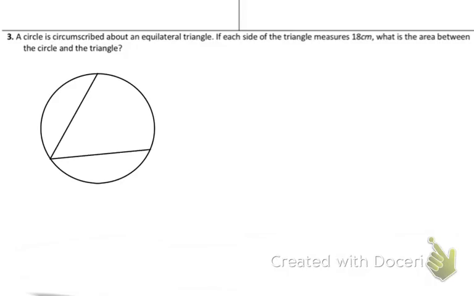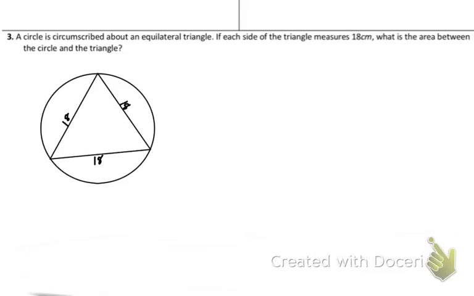I'm limited by my snap grid. But as soon as I put each side is 18 centimeters, it becomes equilateral no matter how crappy the drawing is. So this is 18. This is 18. This is 18.